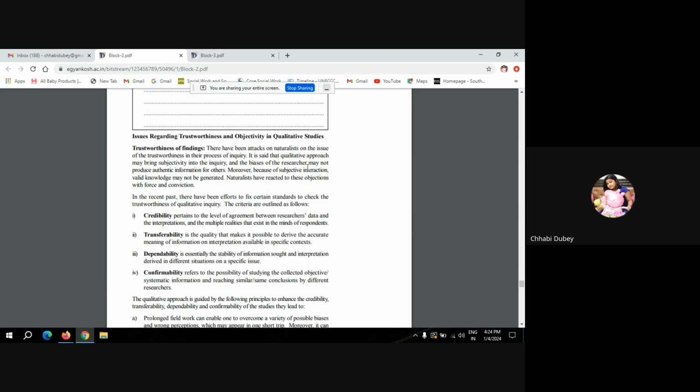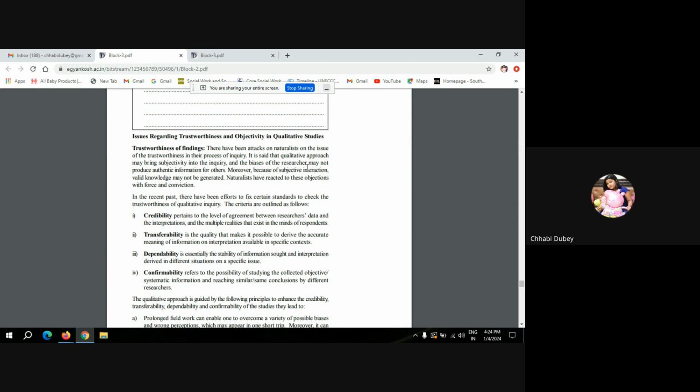So definitely, there are certain efforts that have been made to fix certain standards to check the trustworthiness of a qualitative inquiry. And generally, these criteria are followed.